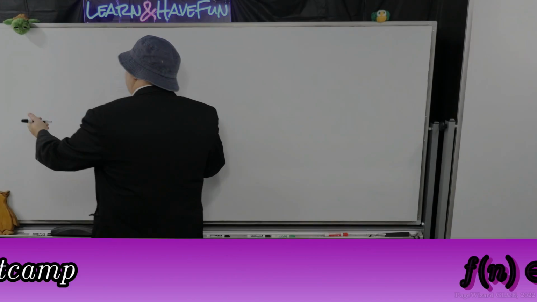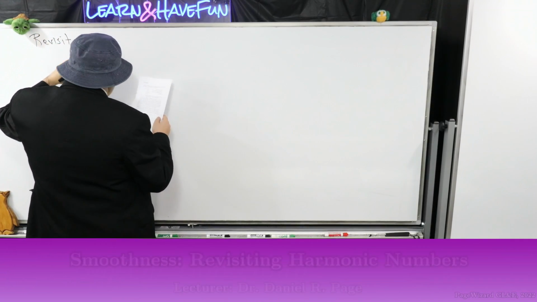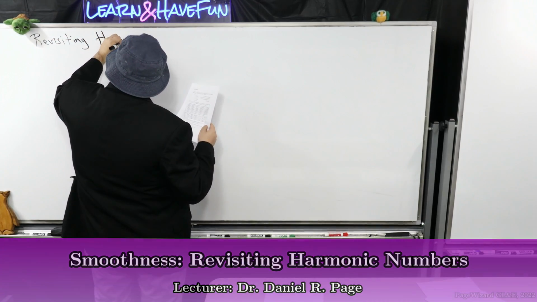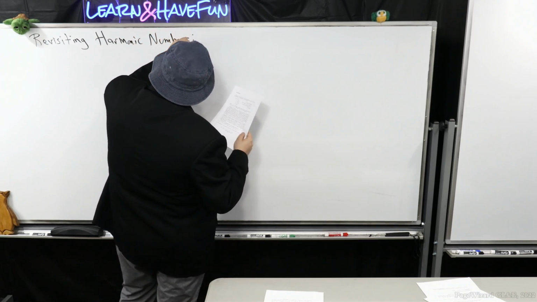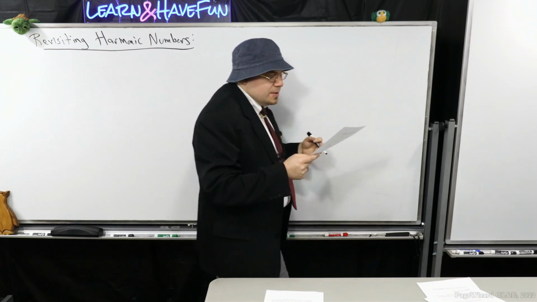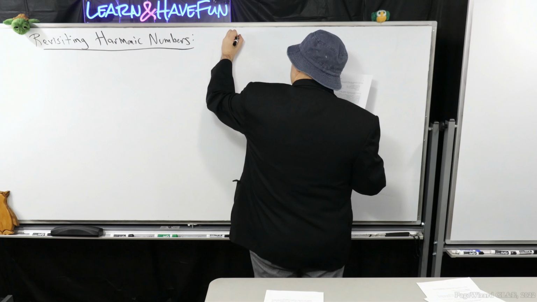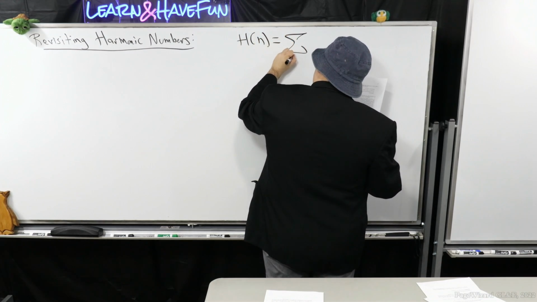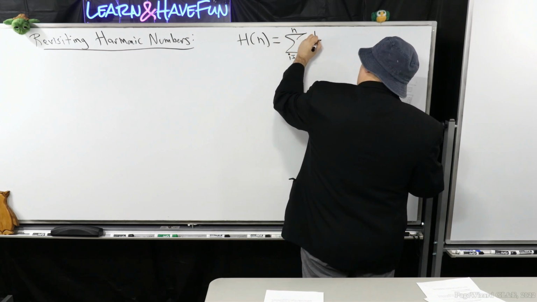We're going to revisit our harmonic number example from last time. So we're visiting harmonic numbers. Last time, I showed you that H of n, the nth harmonic number, which I want to remind you is equal to the sum from i equals 1 to n of 1 over i.